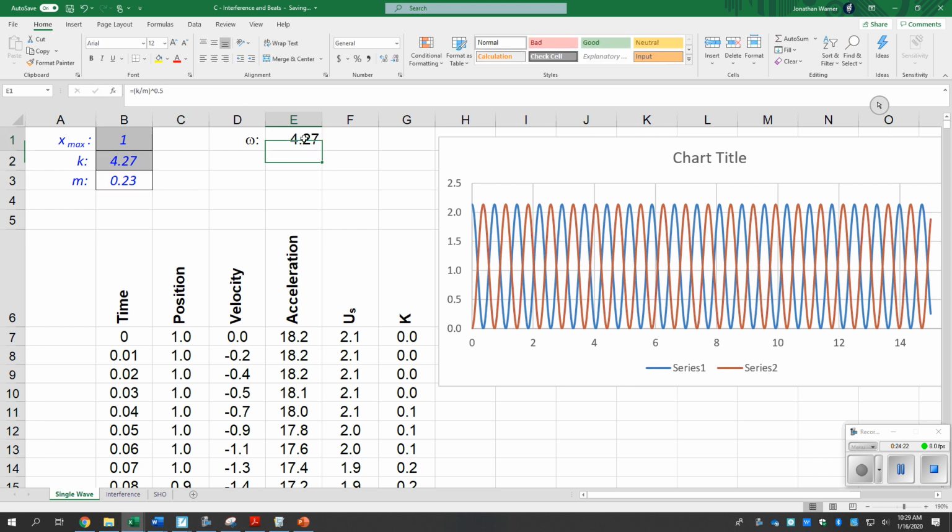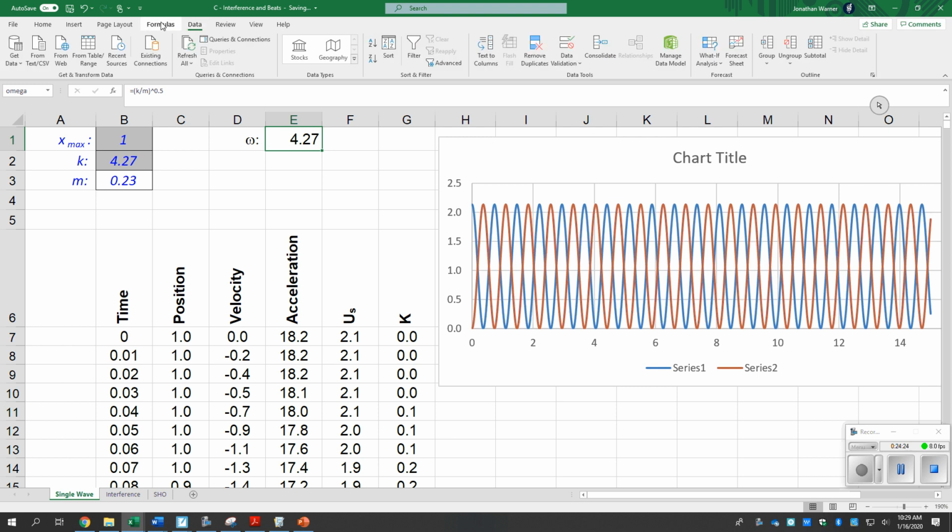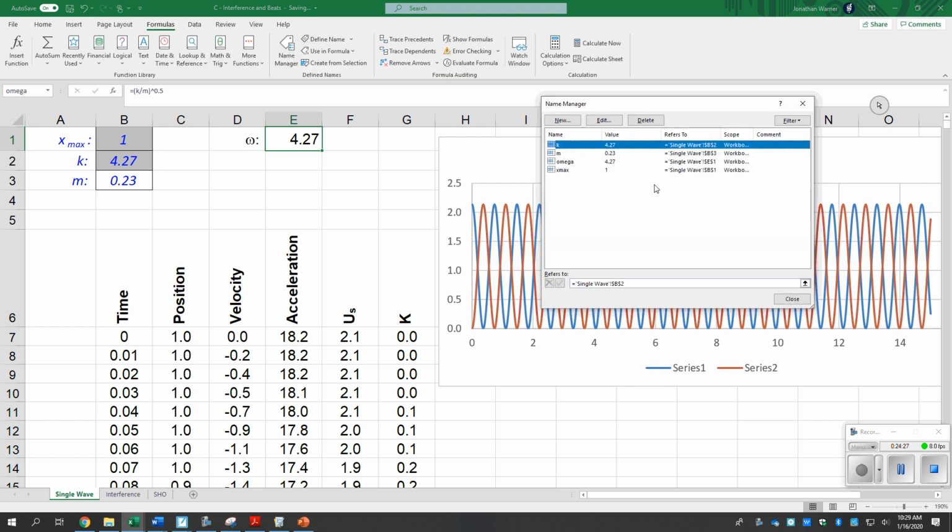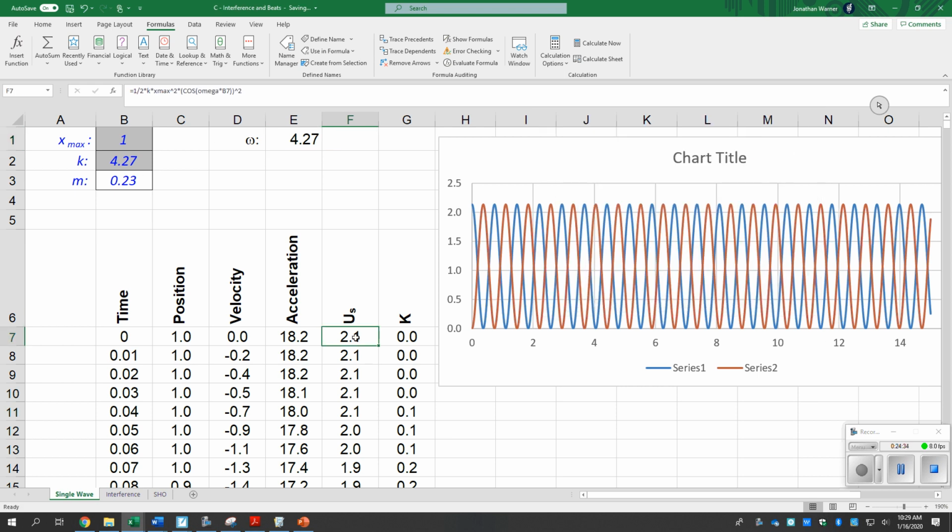I used a naming thing in my formulas, the name manager, to name K and M and omega and X max. That's a nice thing about that name manager.